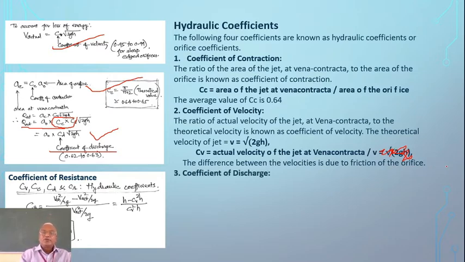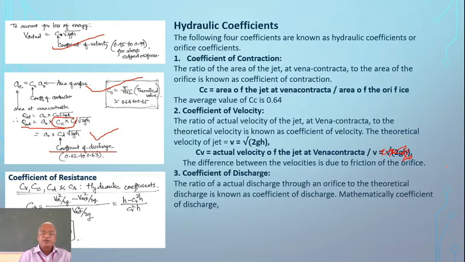Coefficient of discharge. This is the ratio of actual discharge through an orifice to the theoretical discharge. I have stated this earlier also. Q actual divided by Q theoretical. This ratio is less than 1, and this is known as Cd, coefficient of discharge.